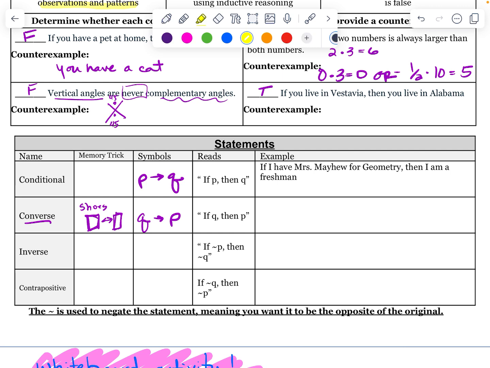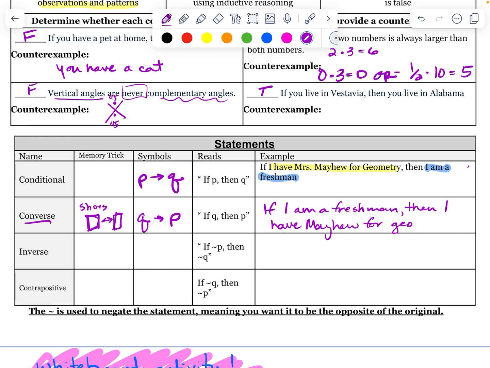hypothesis and conclusion. So if I have Miss Mayhew for geometry, that is my hypothesis. Then I am a freshman. What we are going to do is flop the two of these. So if I am a freshman, then I have Mayhew for geometry. Now, this is no longer necessarily true, right?